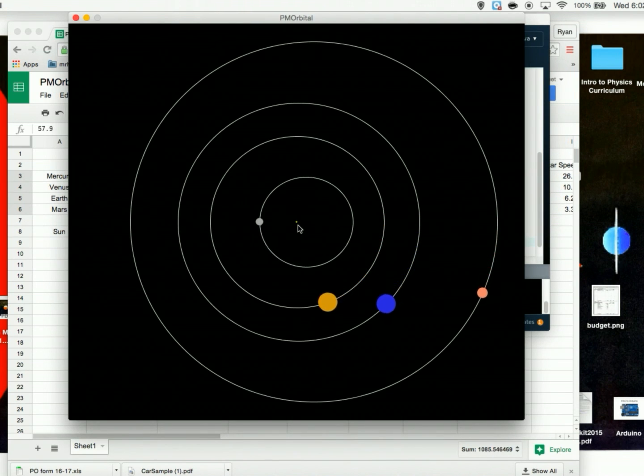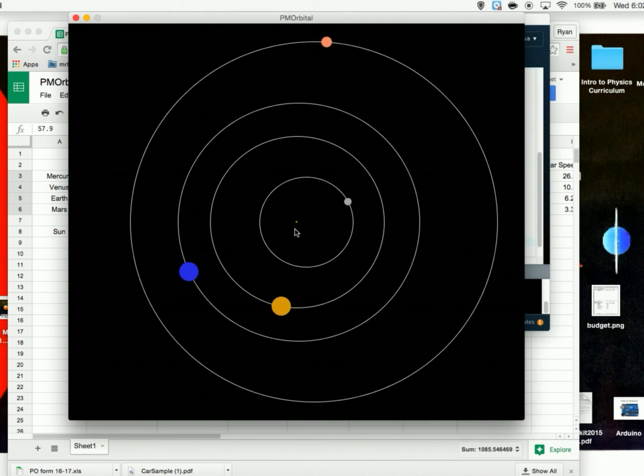So that little dot there is the position of the sun relative to the orbits, and it's actually the correct size compared to these orbits. Whereas the inner planets that are going around are scaled to appear much larger than they really are. The sun at this scale is actually to scale with respect to the orbits.